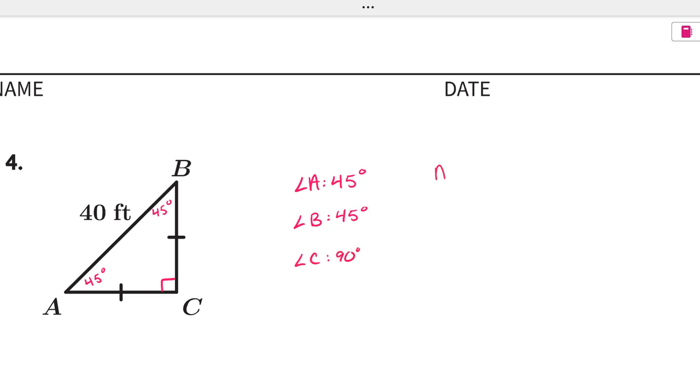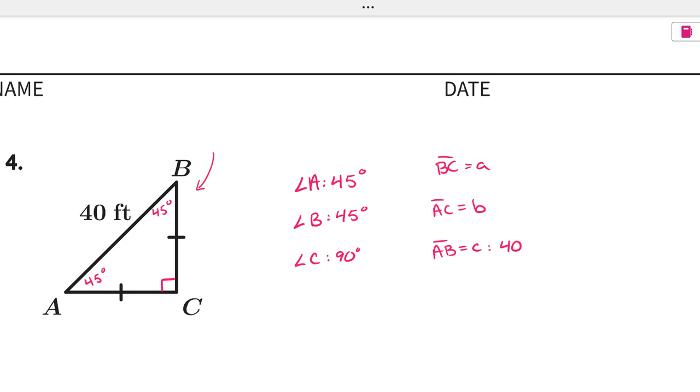Now let's find our side A, BC, our side B, AC, and our side C. Well, we're already told side C. We know the hypotenuse is 40 feet.